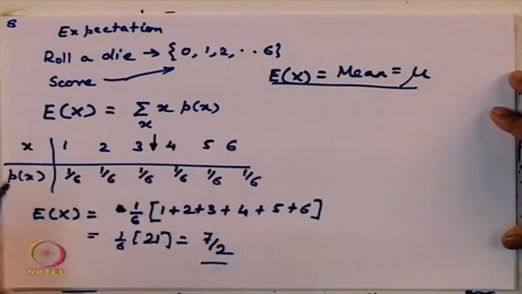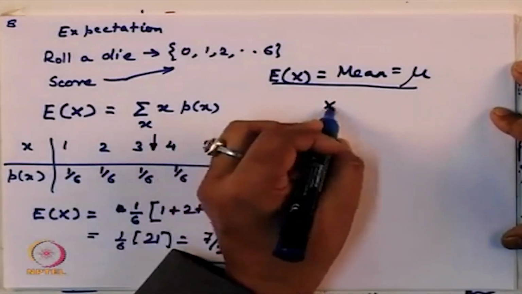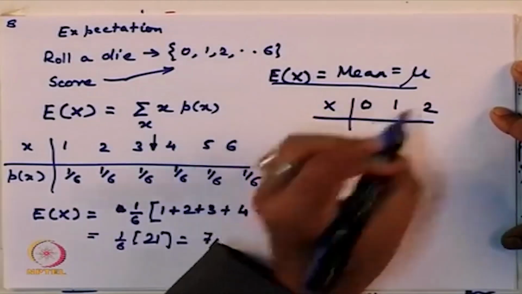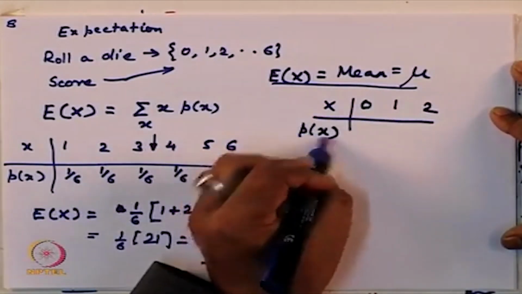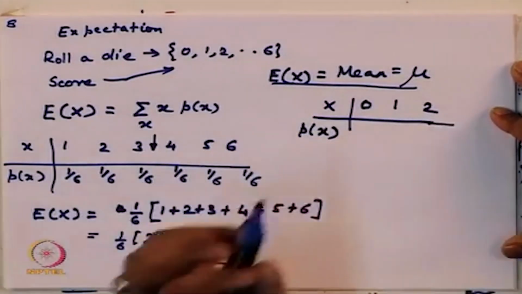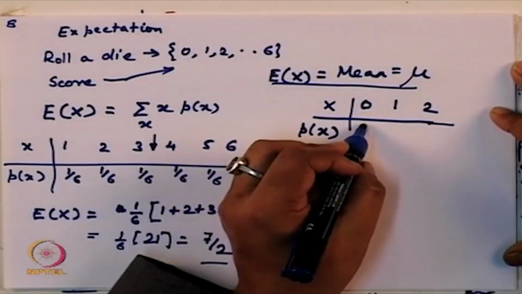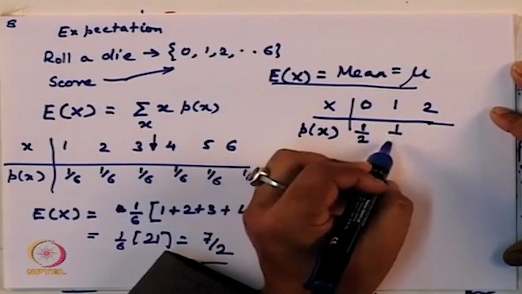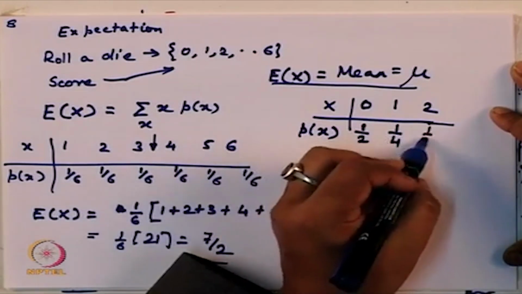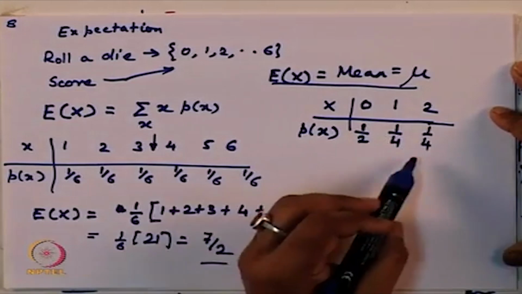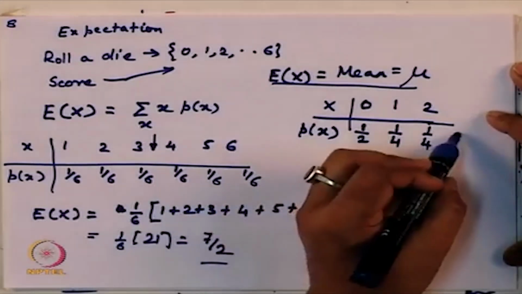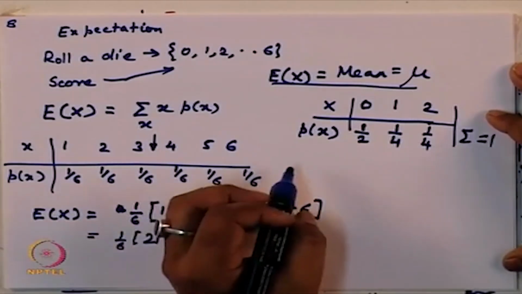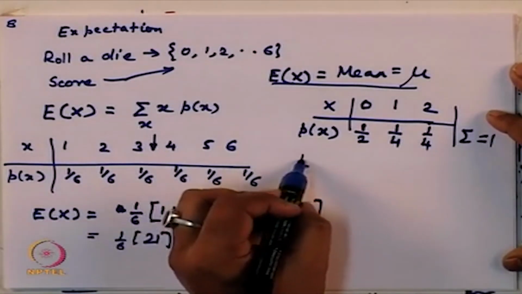So, let us take another case. Let us say my x values can be 0, 1, 2, and the probability values are half, 1/4 and 1/4. So, you see the summation of probability is always equal to 1. Let us compute the value of expectation in this case.